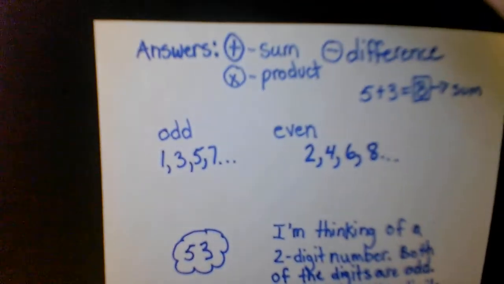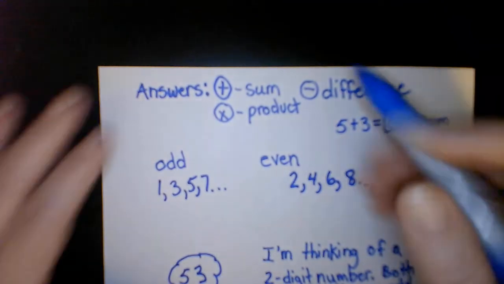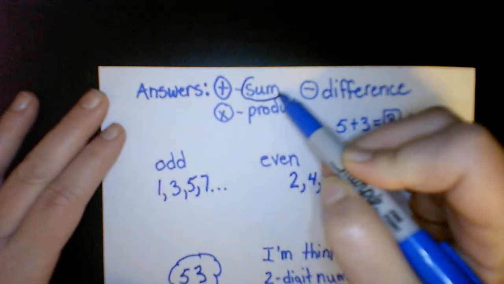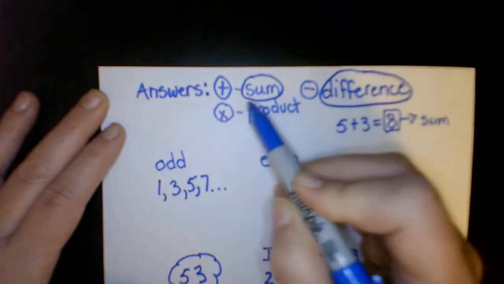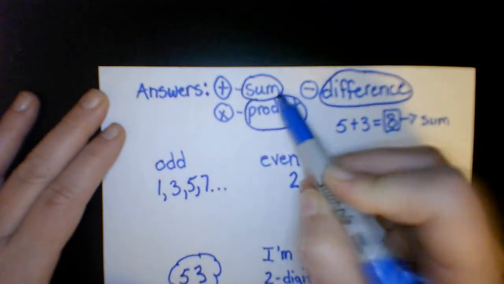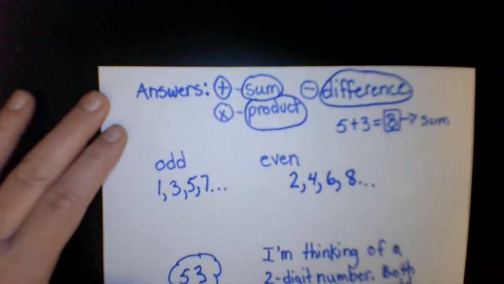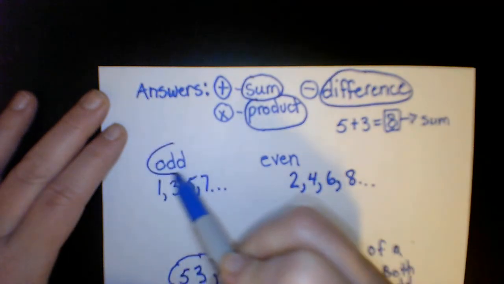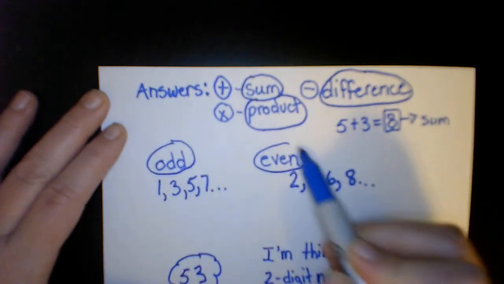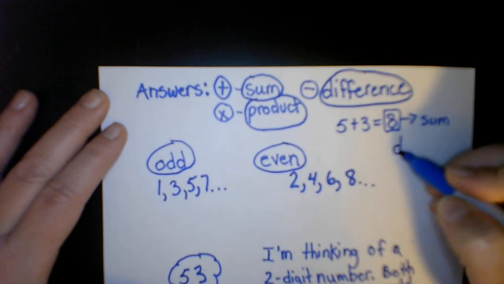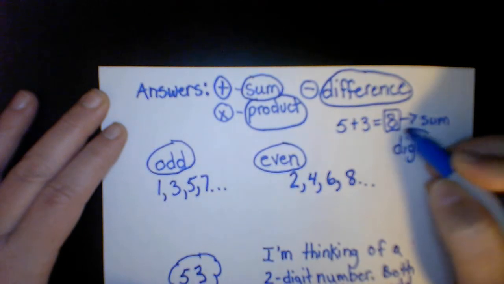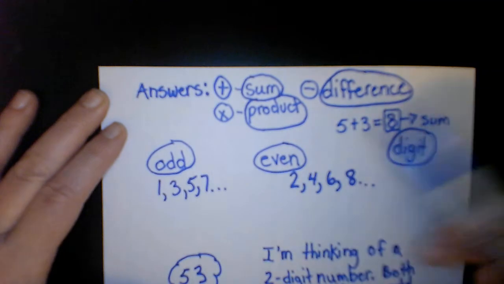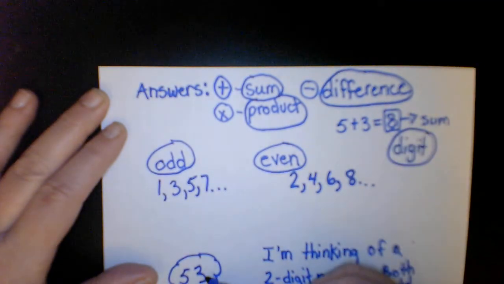Okay, now I'm just going to add up our words of things that we might want to use that could be helpful. We have sum, we have difference, you might want to try product if you're playing around with multiplication. We have odd, even. I've also used the word digit, meaning each number.